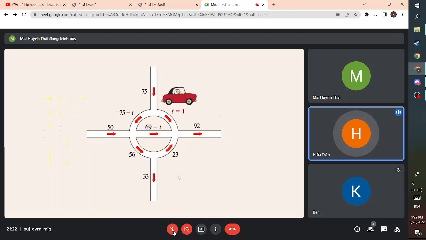And t cannot be a negative integer since on a one-way street, traffic can only flow in one direction. t could be 0 or 10 or 69, but t cannot be 70, since a value for t of 70 or greater could produce a negative traffic flow value.